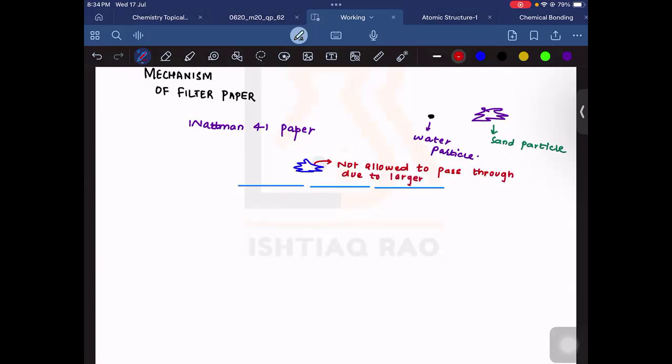As you can see, these pores are very small. They can only allow those particles having smaller size.